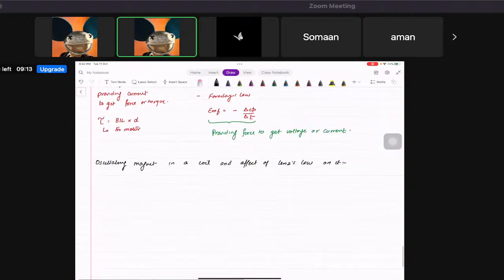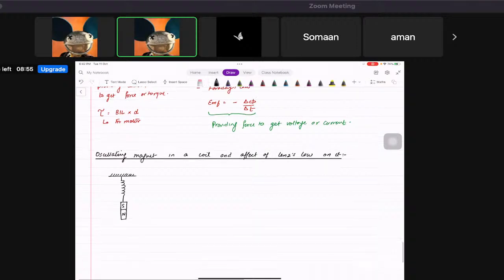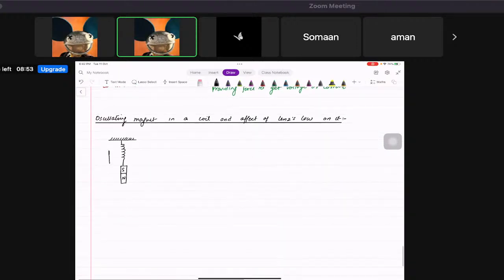Suppose that you got a magnet attached to a spring, like that, north and south, and now it is moving in this direction.